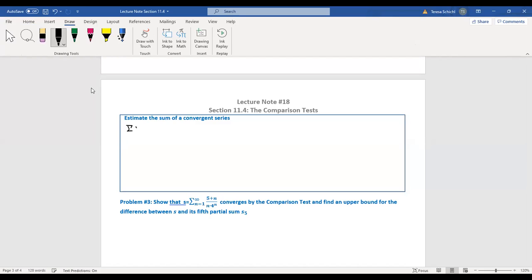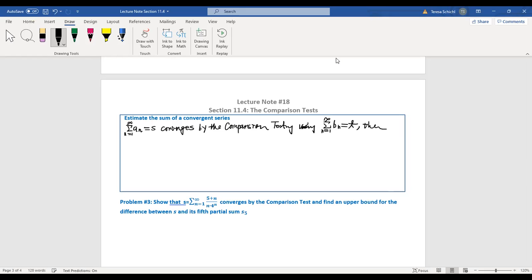So we say if the summation of an, n from 1 to infinity, is equal to s, and this converges by the comparison test, then we find it by comparing to an existing series, summation of bn, n from 1 to infinity, which we know is converging to t.